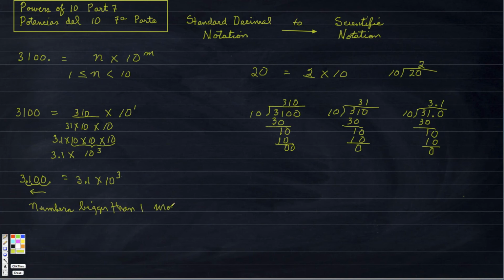We move the point to the left. The number of places that are required to create my n. So we move it all the way to almost the end of the number, but not quite. To the one place before the end of the number.